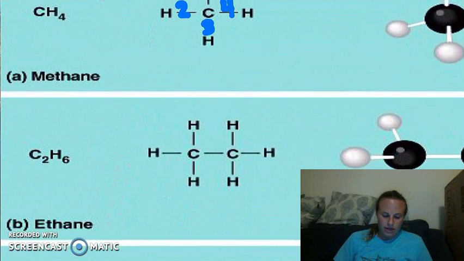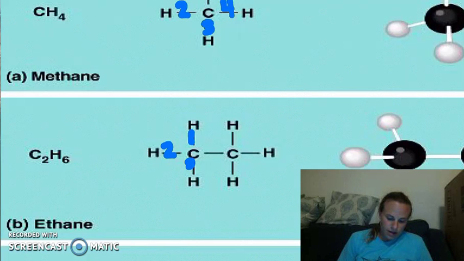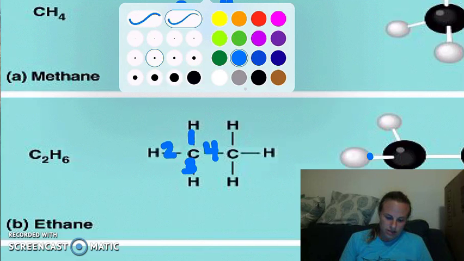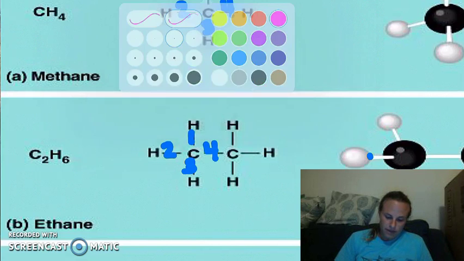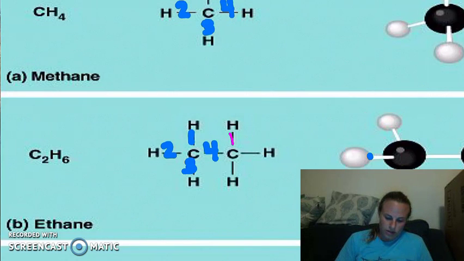What about here? This is ethane. Let's count how many bonds each carbon forms. You've got 1, 2, 3, 4 bonds around this carbon. And let's check out this carbon. 1, 2, 3, 4 bonds surrounding that carbon.